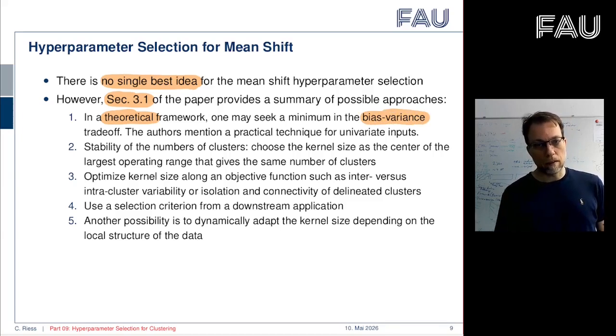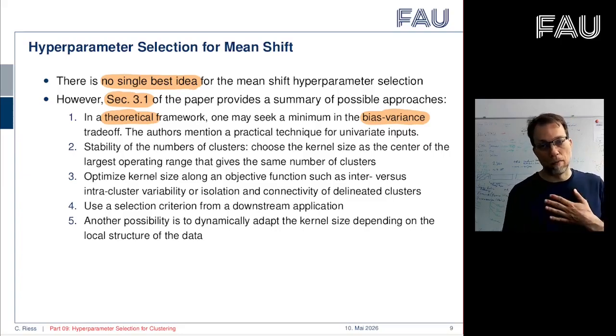So do not choose it so small that the variance becomes excessively large, and do not choose it so large that the bias becomes excessively large, but choose some middle way.